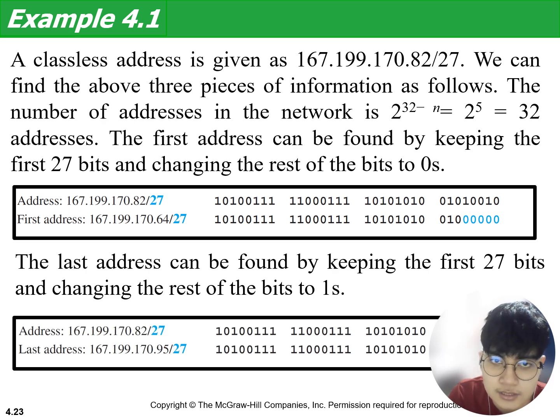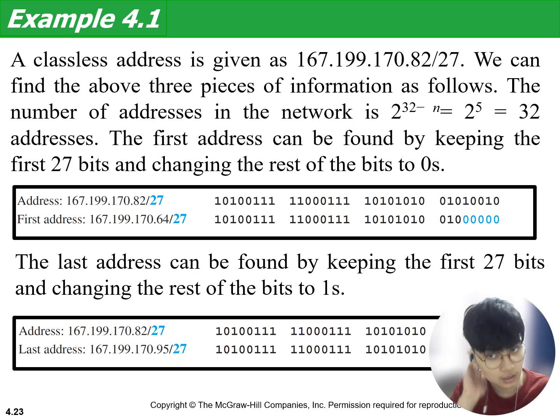A classless address is given: 167.99.170.82/27. The number of addresses in the network is 2 to the power 32 minus 27, which equals 32 addresses.